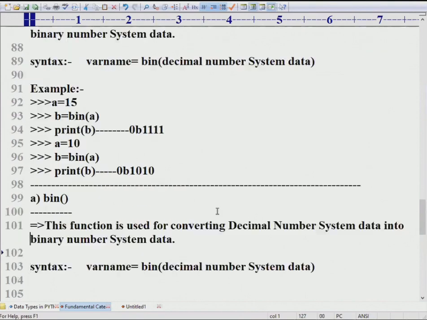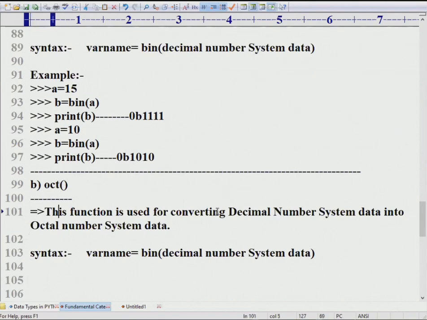Speed up the process. Oct function: this function is used for converting decimal number system data into octal number system data. Second one is oct function, used for converting decimal number system data into octal number system data.